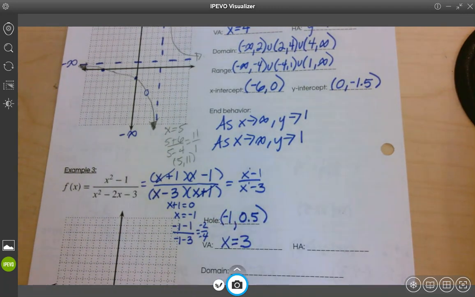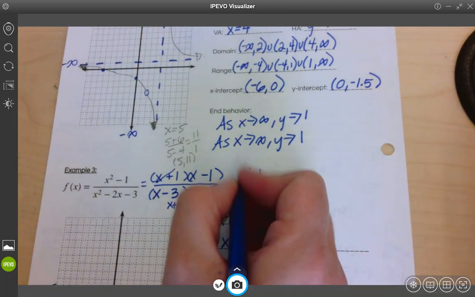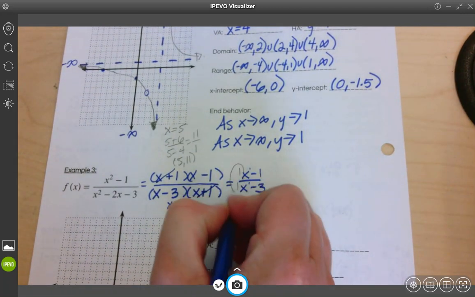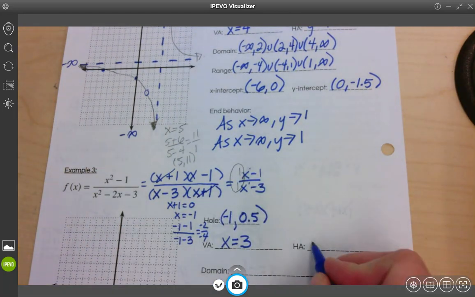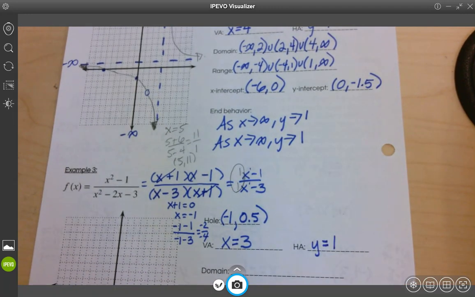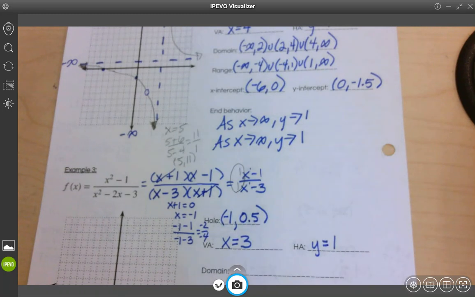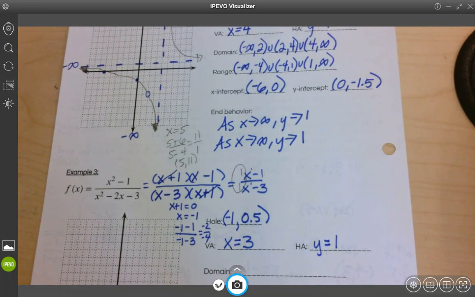Because these two are 1, you take the lead coefficients of 1. And we're going to get another horizontal asymptote at y equals 1. It is not always y equals 1. It was just a really easy one to make an example of, but it's not always going to be y equals 1. We're going to save our domain and range.